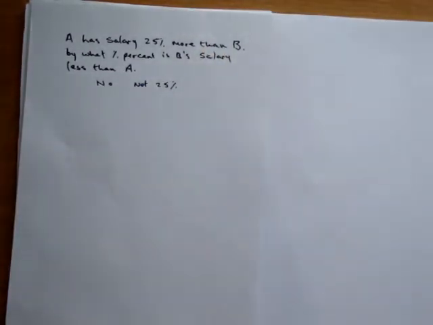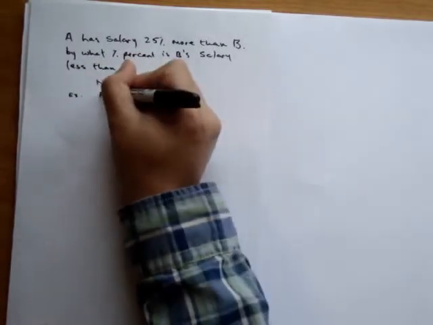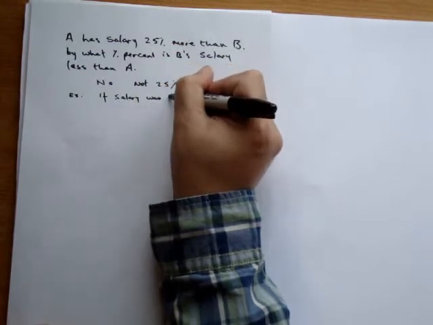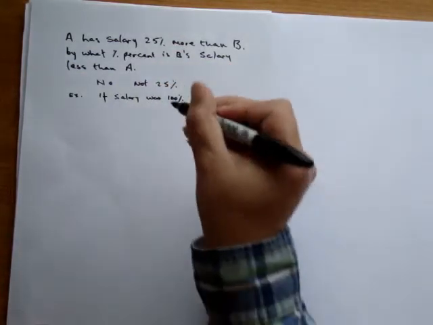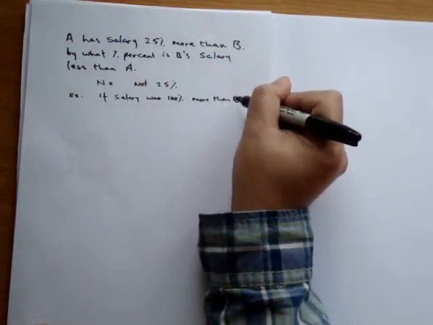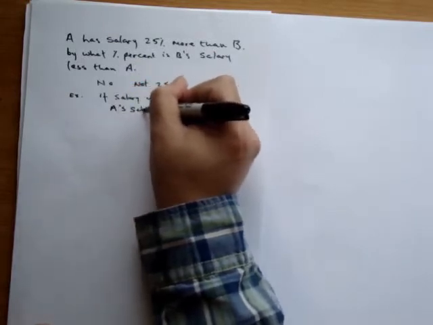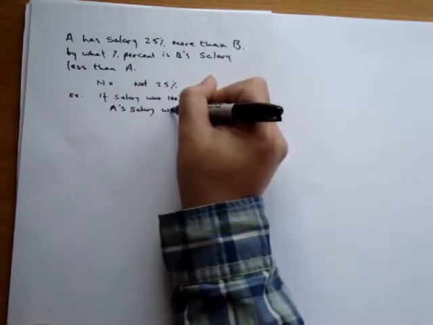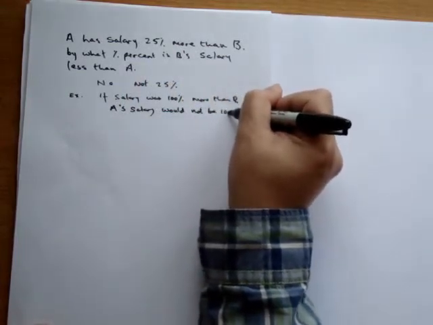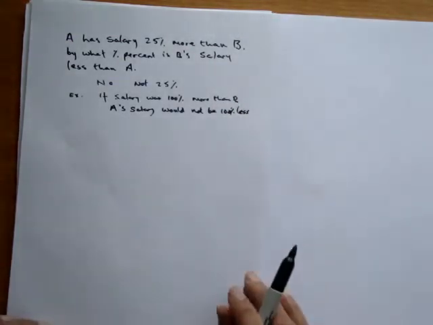As an example of that, if A's salary was 100% more, B's salary would not be 100% less, because 100% less is nothing.